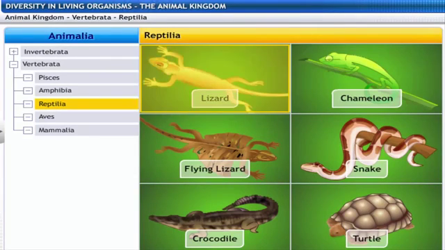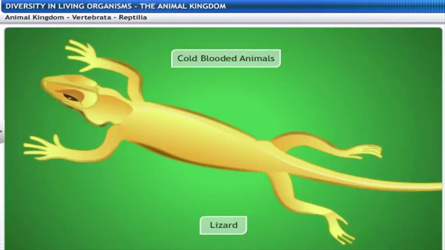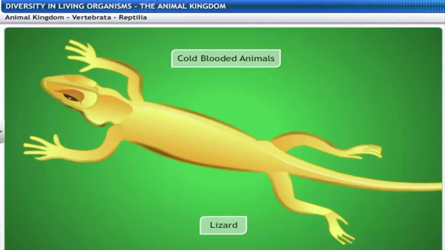Reptilia includes lizards, chameleons, flying lizards, snakes, crocodiles, and turtles. Reptilia are cold-blooded animals and are terrestrial in habitat. They have 4 limbs with 5 fingers or toes, and hence they are called pentadactyl tetrapods.